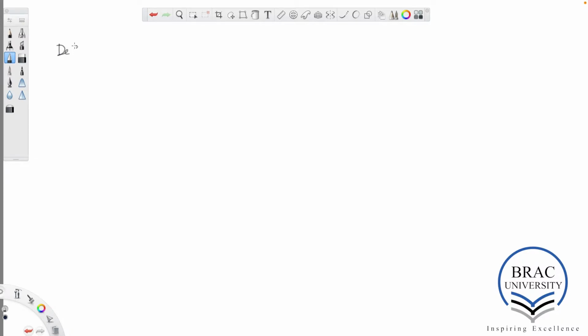So we start with this definition of star of a vertex of a given simplicial complex.